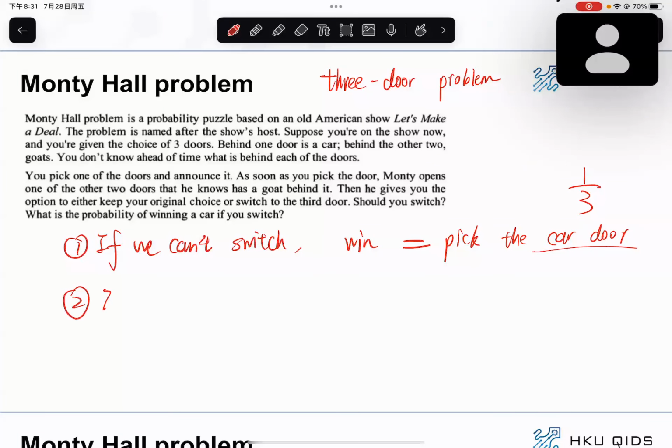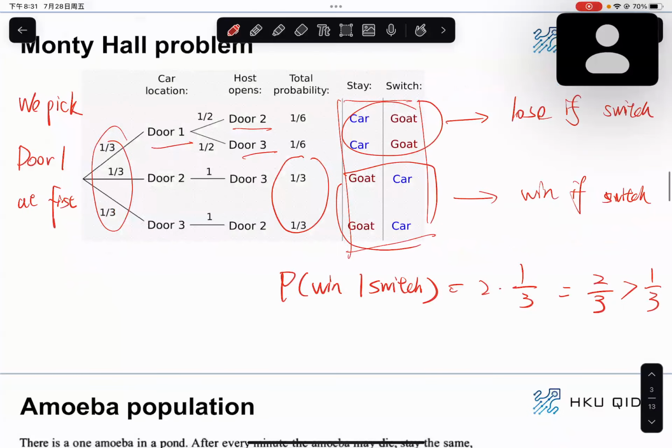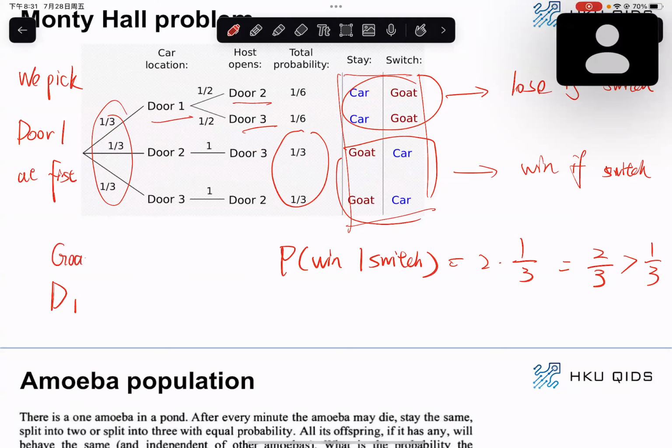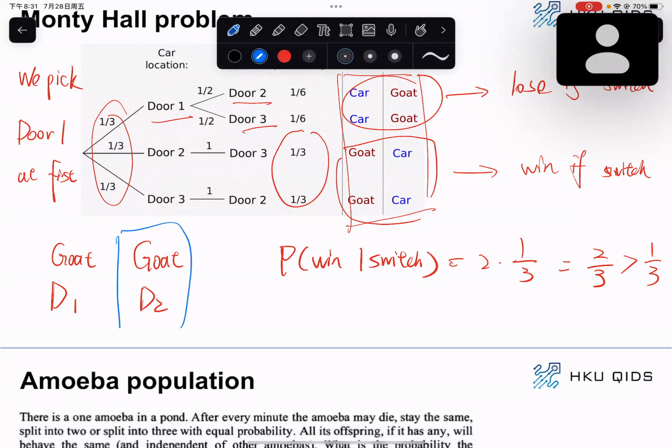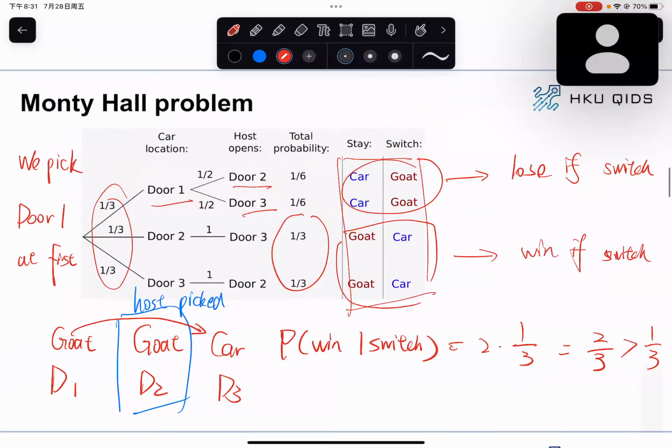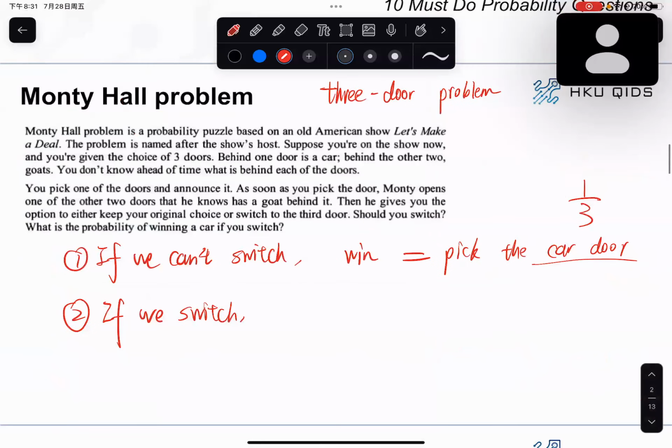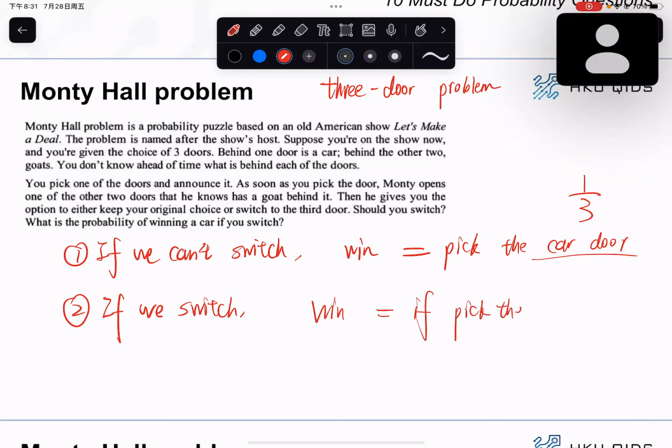But if we switch, then suppose we pick door one, and this is a goat. Door two is another goat, and this is the door that the host picked. Then door three must be the car, which means if we choose to switch, we win if we picked a goat at first.